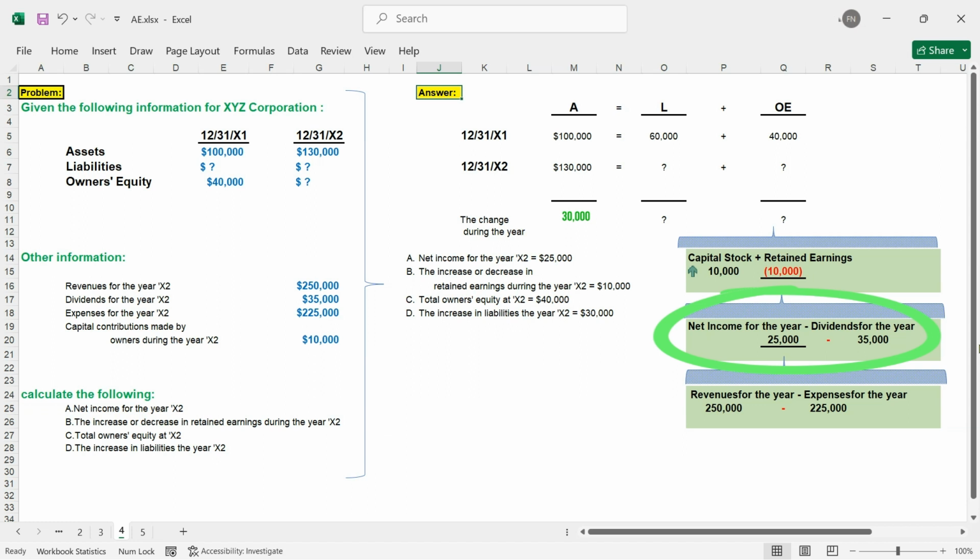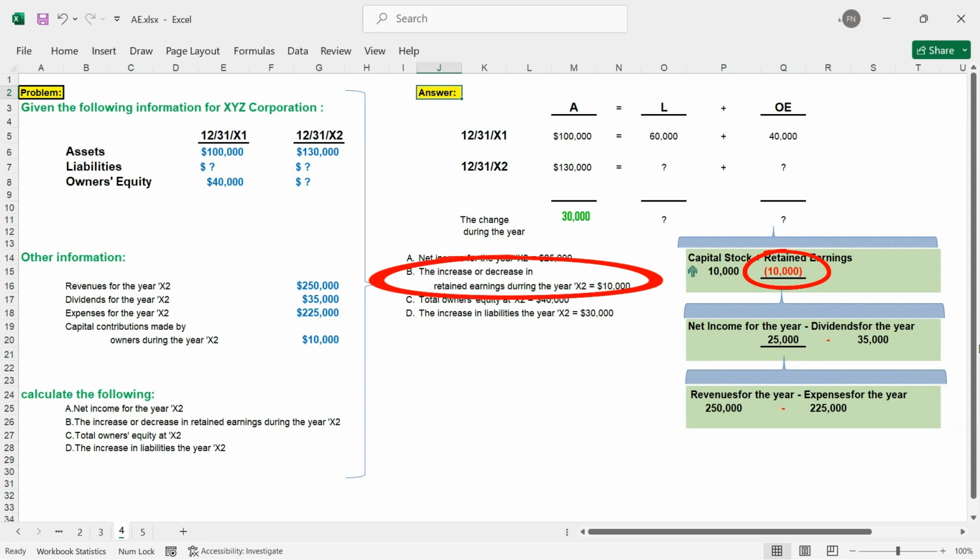Well, what I'm really telling you here is that apparently we must have paid out dividends, not only all of the earnings of this current year, but also $10,000 of earnings previously retained in the business, such that retained earnings decreased this year apparently by $10,000. There's no other conclusion.